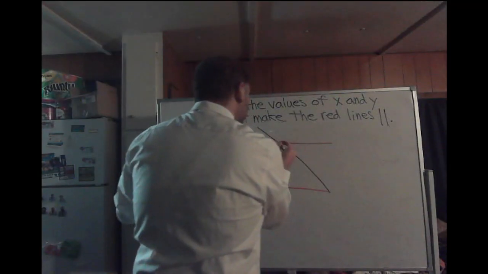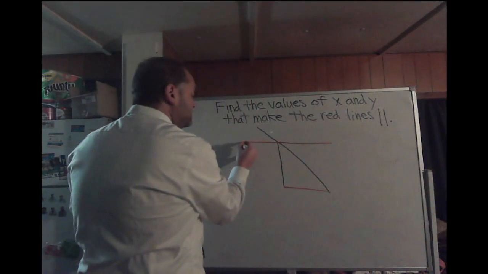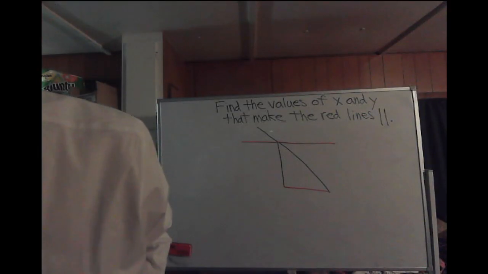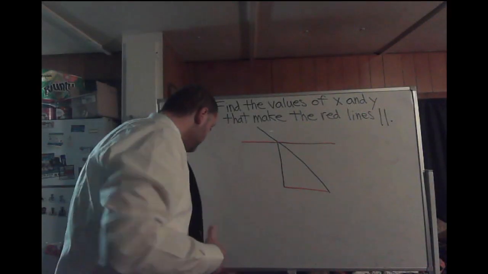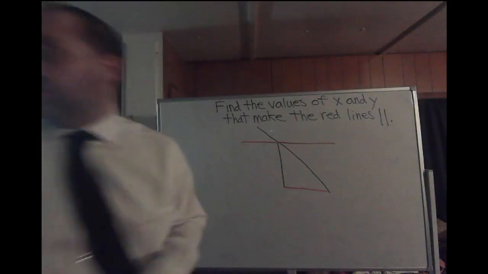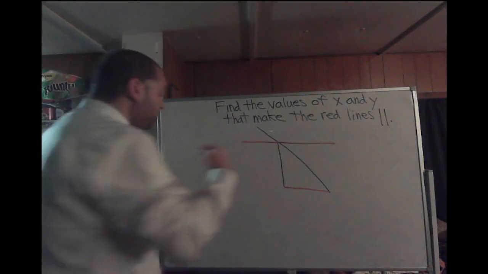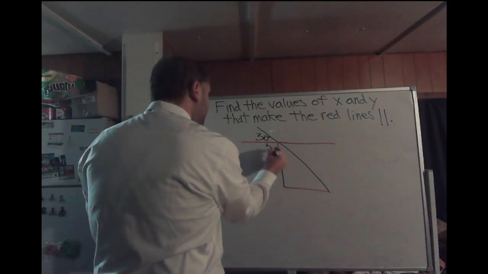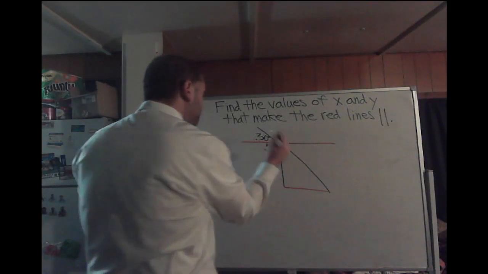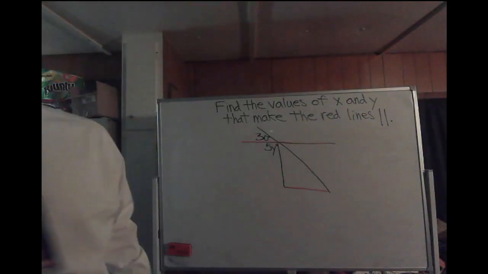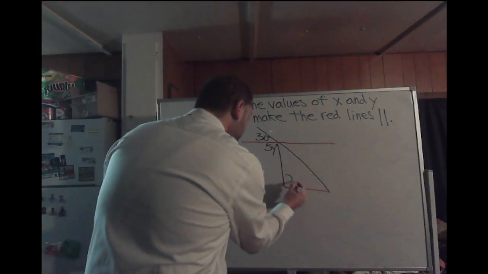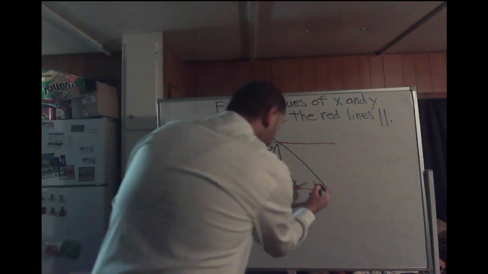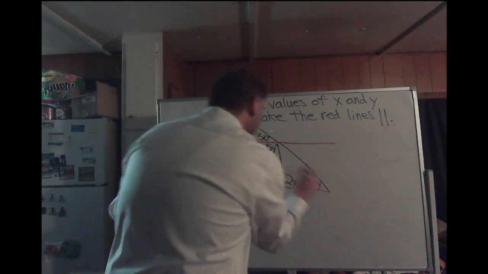Through here would also be red. So here's the red lines that were being referred to. Now let's throw in some angle measures. This angle's 30 degrees. This angle's 5y degrees. This angle is 2x degrees. This one here is x minus y degrees.